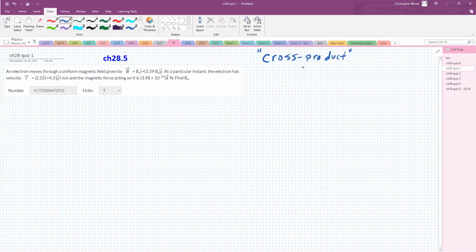You should have used cross products for torque analysis and for angular momentum. There is no way you should have walked out of your prior physics class without using a lot of cross product stuff within the torque and angular momentum topics.